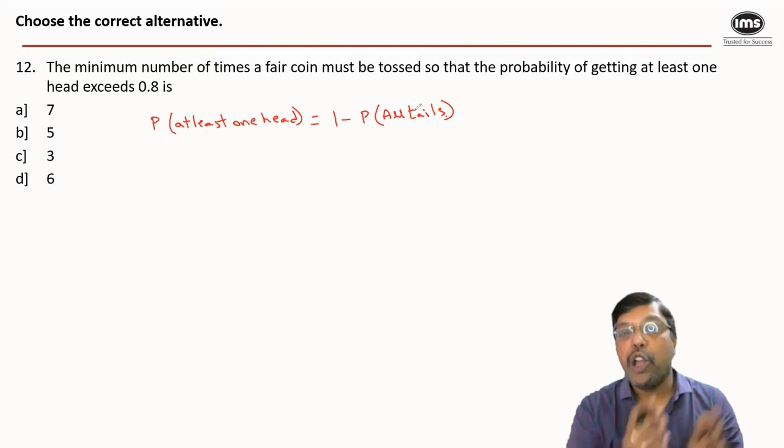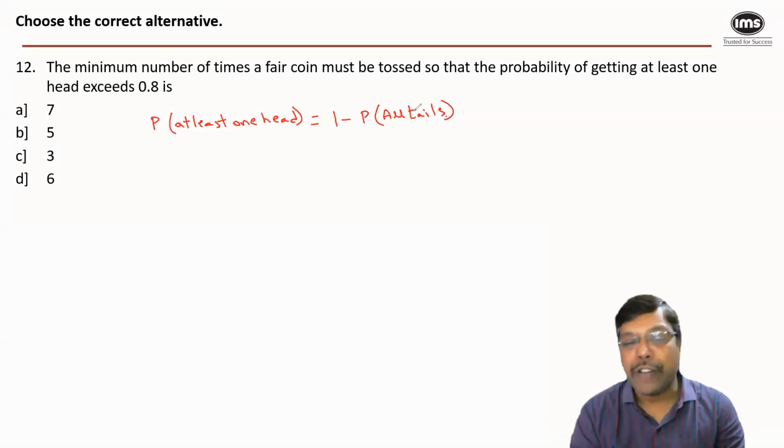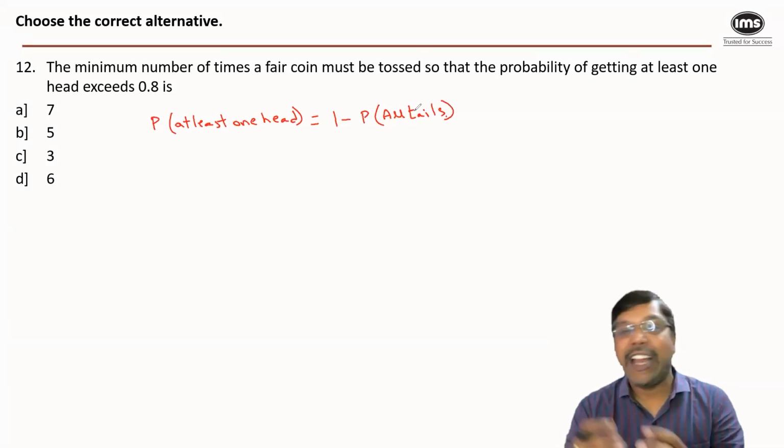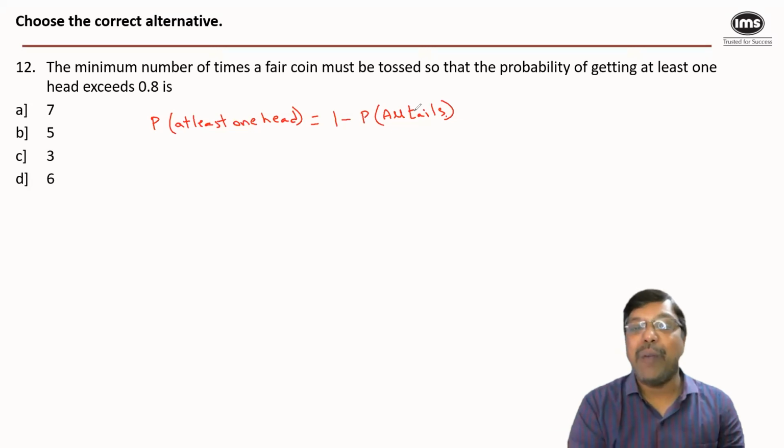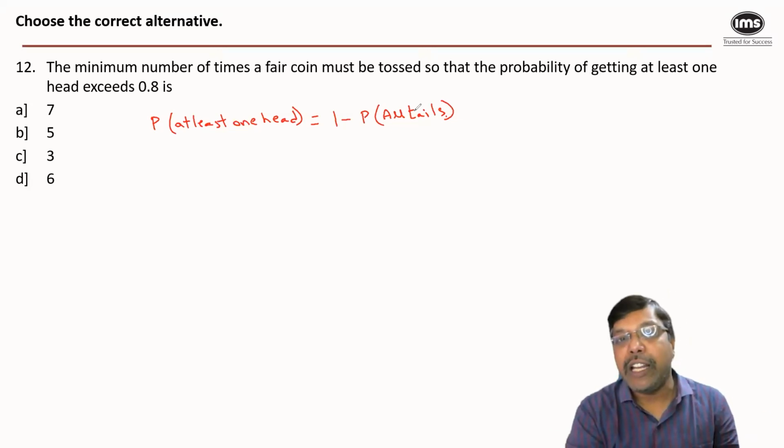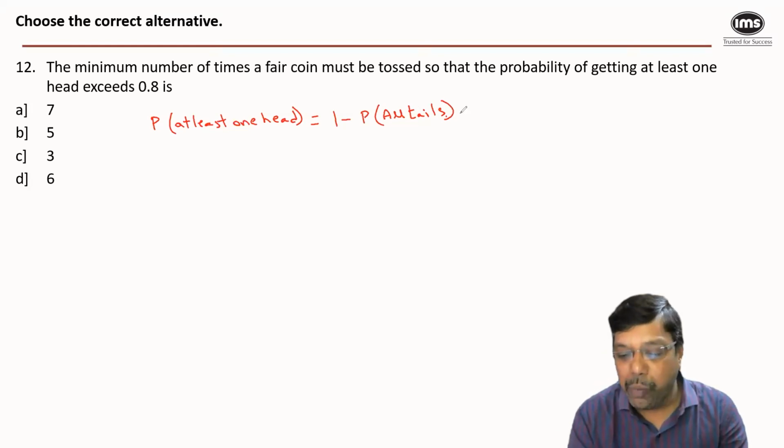I repeat, when I toss a coin certain number of times, the probability of getting at least one head is nothing but 1 minus probability that every time it shows a tail. And I want this to be greater than 0.8.